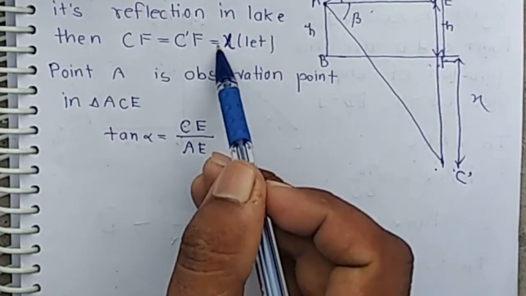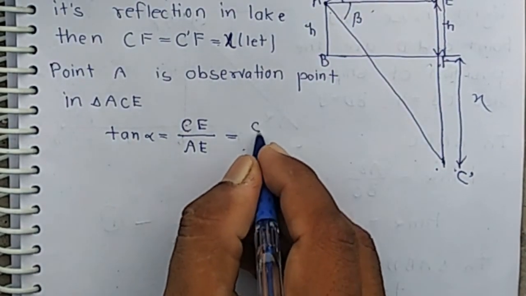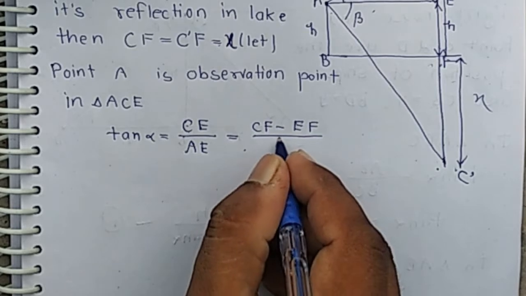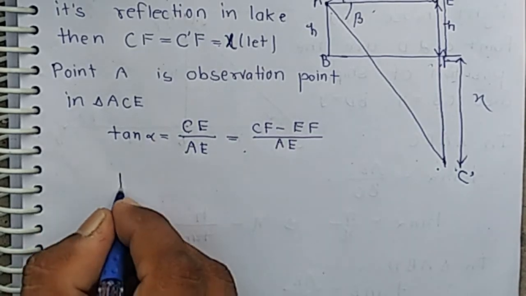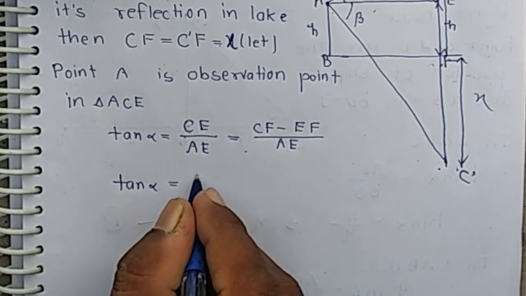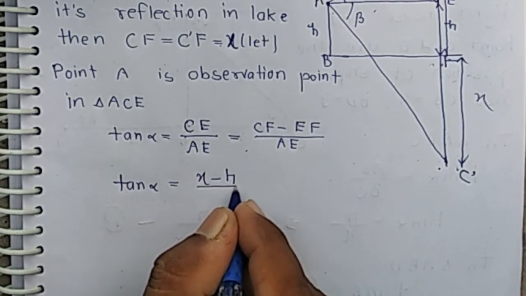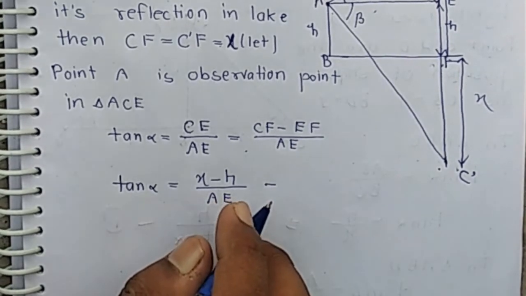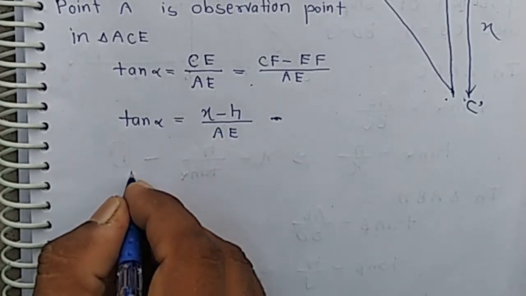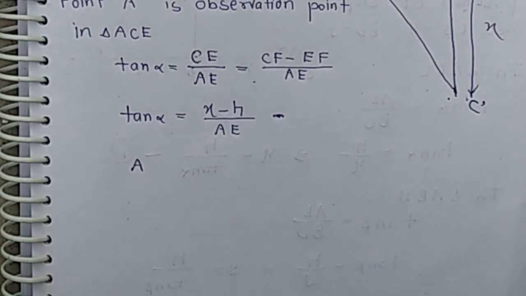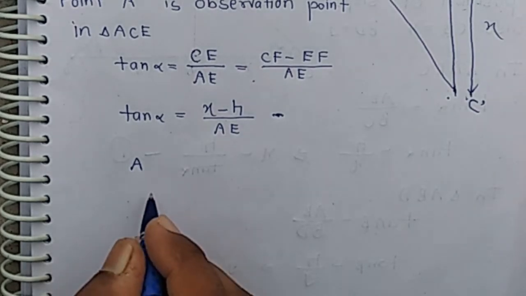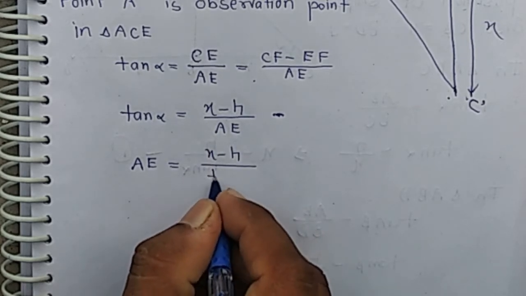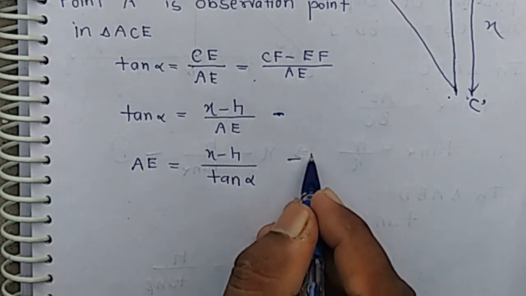CF is equal to X, EF is H, so CE is X minus H by AE, and if we find the value of AE, AE equals X minus H by tan alpha. It is our first equation.